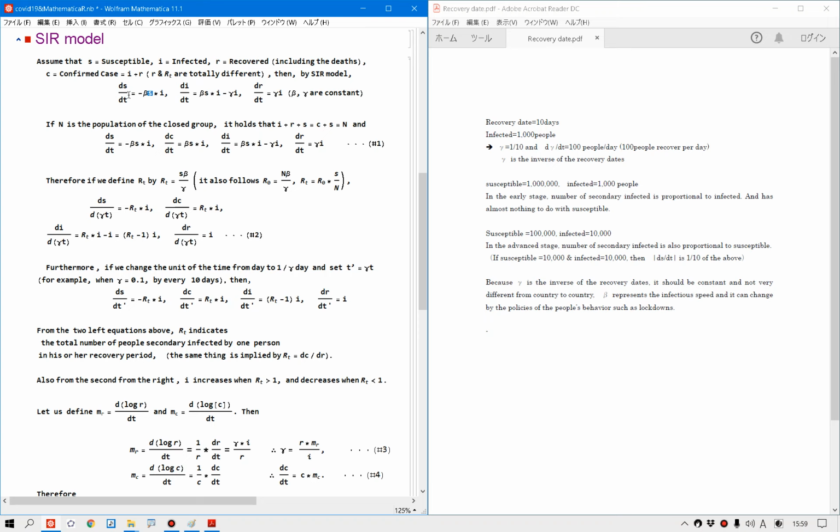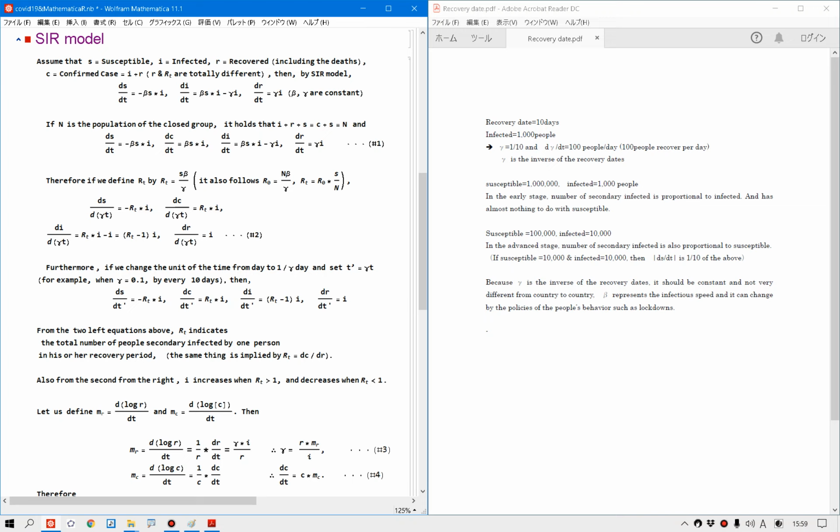See? So it says the number of susceptible, or you can use this one because these two equations are the same. The number of new cases is proportional to S and I.